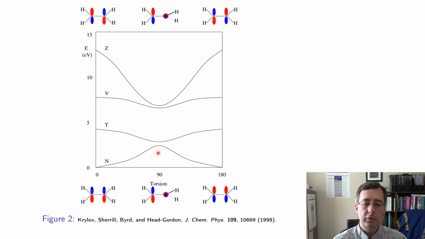But in between, it's neither bonding nor anti-bonding. And the issue is if I were to follow this orbital adiabatically, I wind up in an anti-bonding orbital, which is bad. So I don't want to do that. So my potential curve has an avoided crossing here and looks like this if I get the accurate curve.